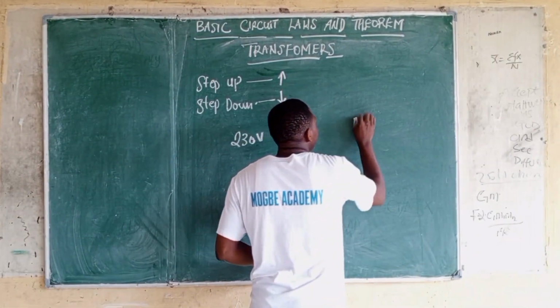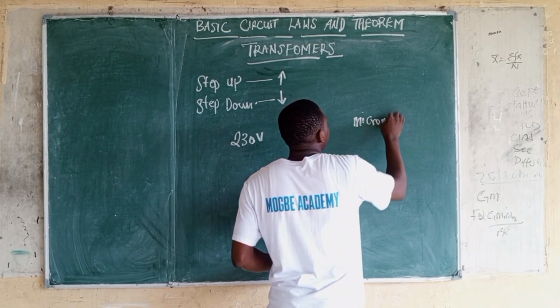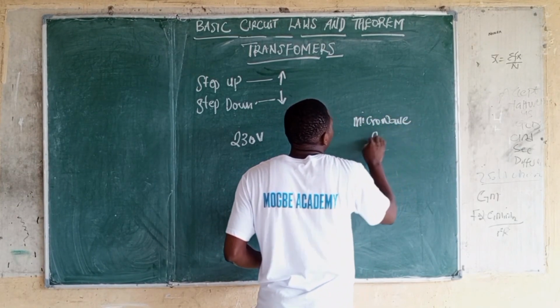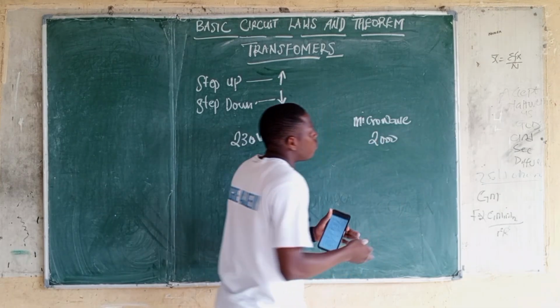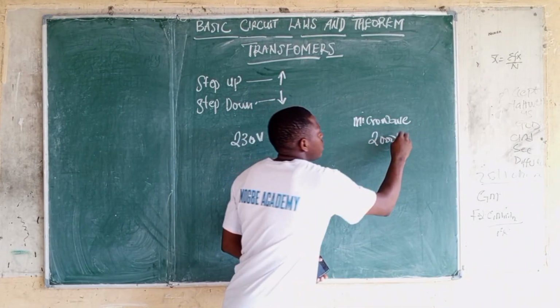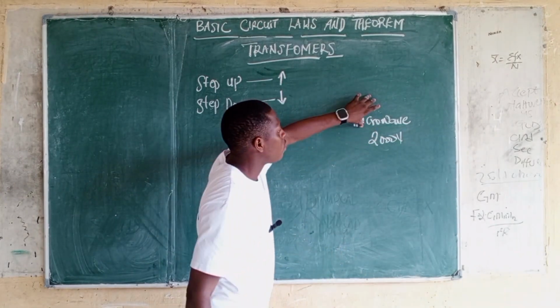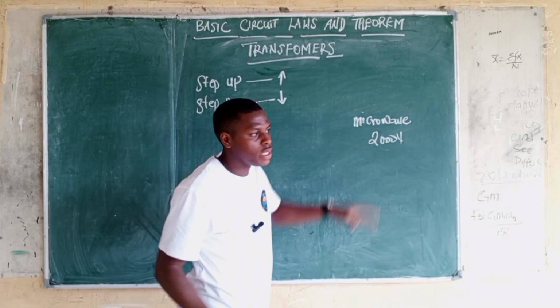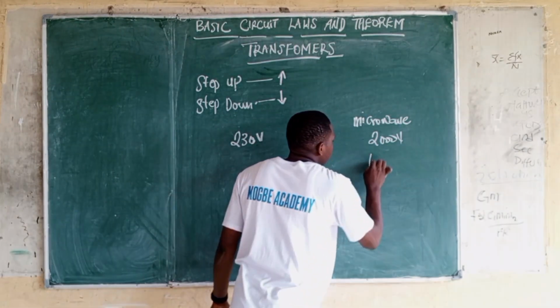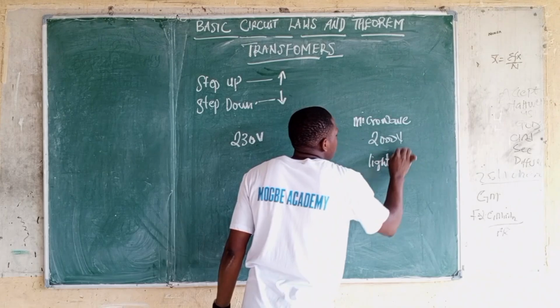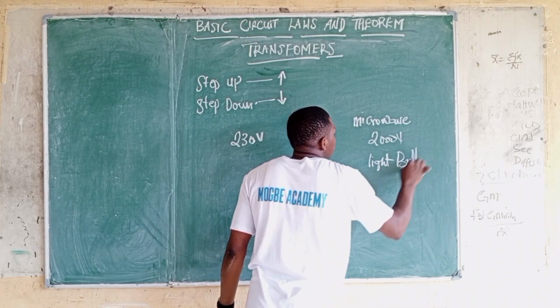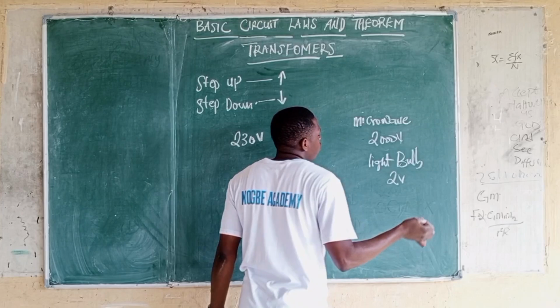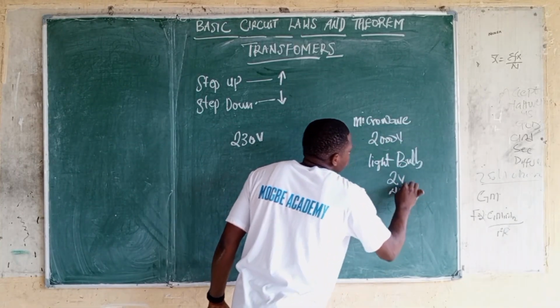Let's say you have a microwave that requires 2000 volts to operate, and you have your light bulbs that require maybe 2 volts or 4 volts to operate.